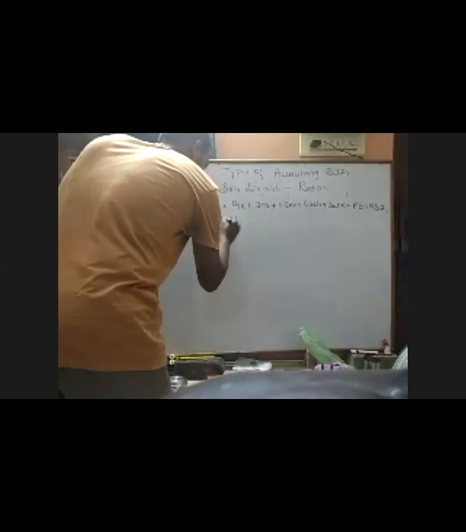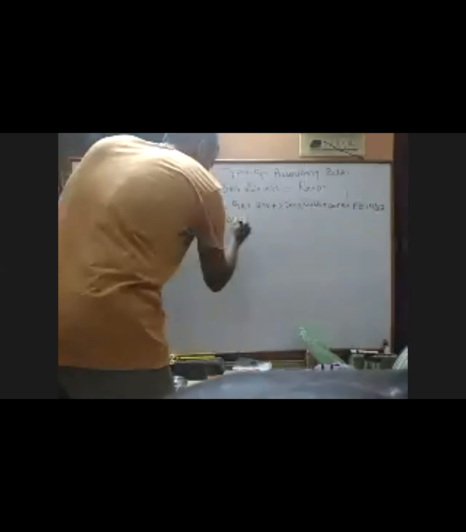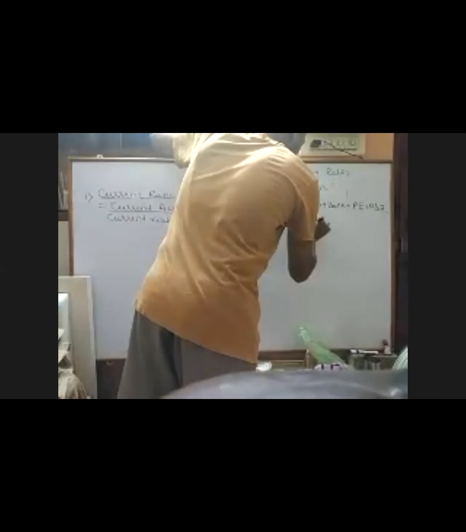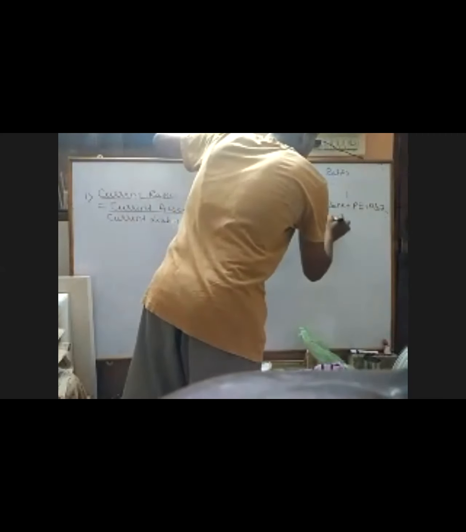Then next, what do current liabilities consist of? Creditors plus bills payable plus bank overdraft, plus any provisions, plus outstanding expenses, plus pre-received income.